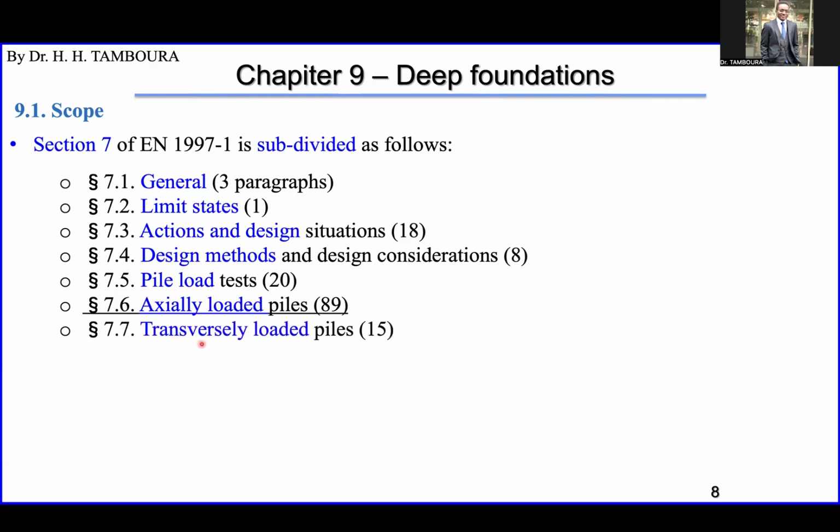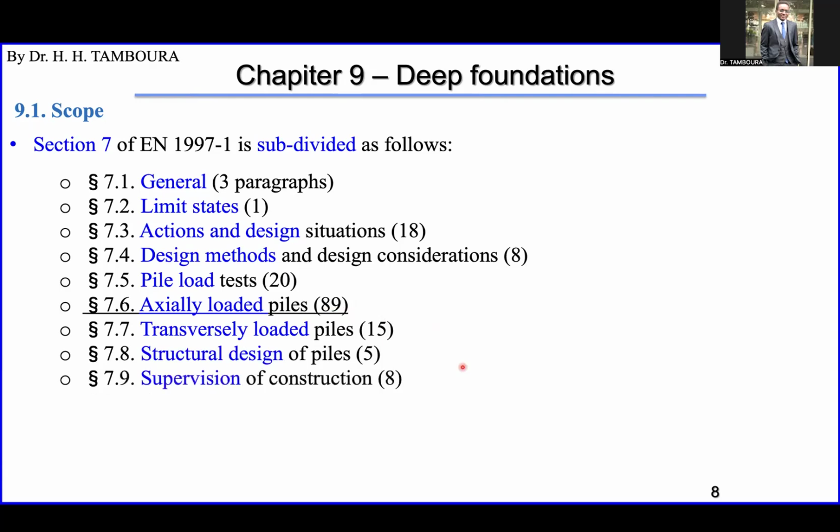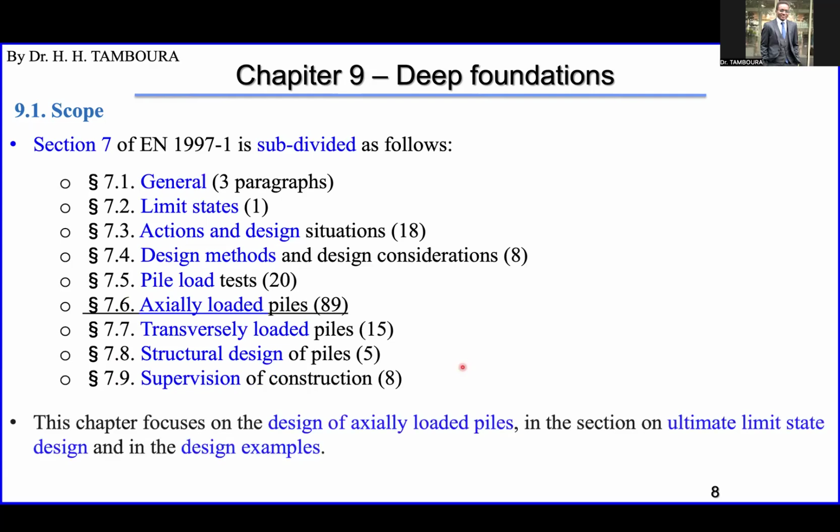Horizontally loaded pile has only 15 paragraphs. Compared to this one, it's small. Structural design of pile has 5 paragraphs, and supervision and construction, 8 paragraphs. So as you can see, subsection 7.6, axially loaded pile, is the biggest one.